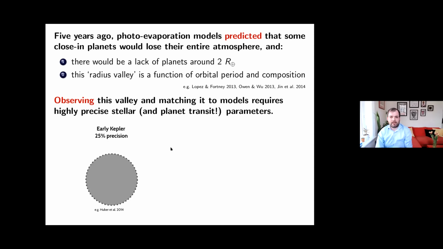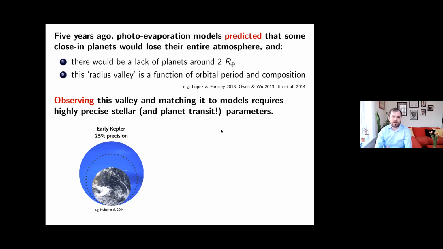In the early Kepler days, that uncertainty was about 25% on stellar radius and therefore on planet radius. And that meant that a planet that was really like this actually could be observed to be 25% larger or smaller because of the high uncertainties on the star. And so that would be this type of difference visually. And so it's really quite a big difference.